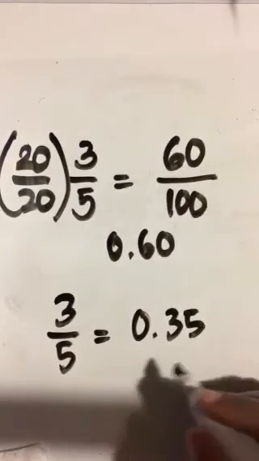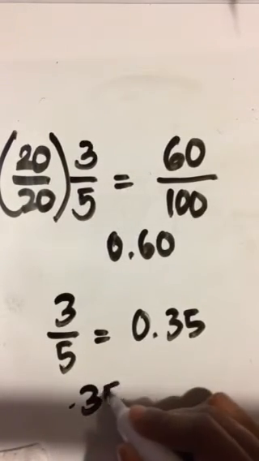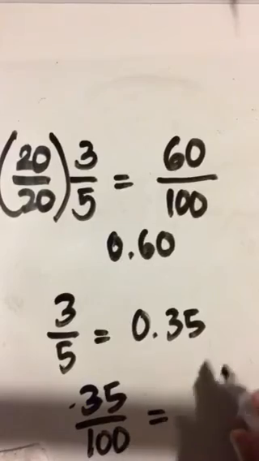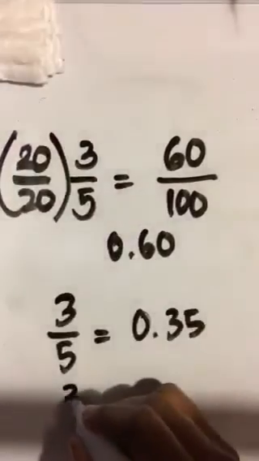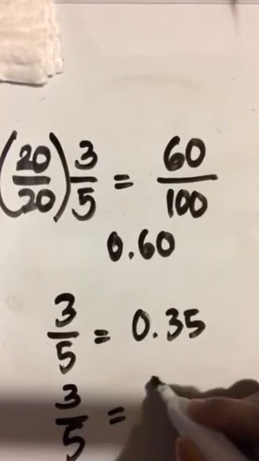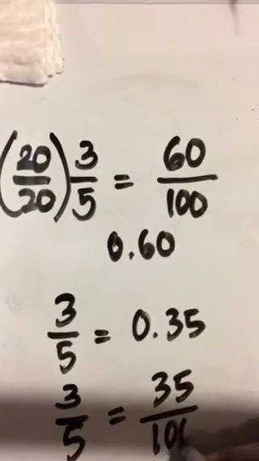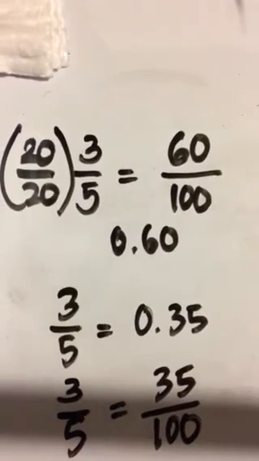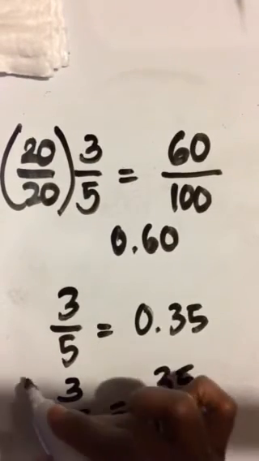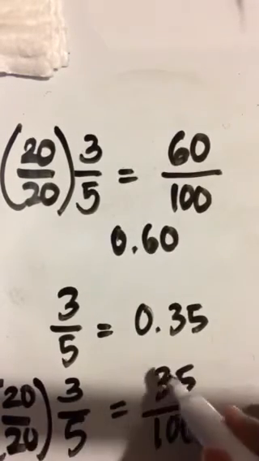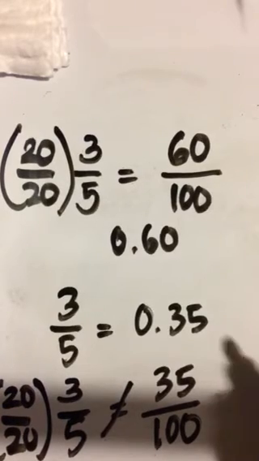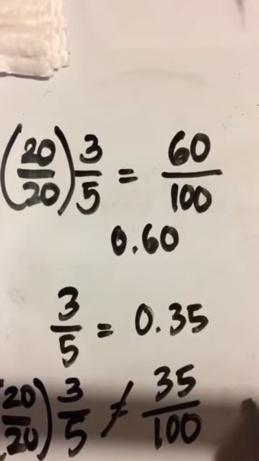But here's what 35 hundredths looks like as a fraction. Let's write it this way. So if you remember, 5 goes into 100 20 times. 20 times 5 is 100, but 20 times 3 is not 35. So 3/5 cannot equal 35 hundredths.